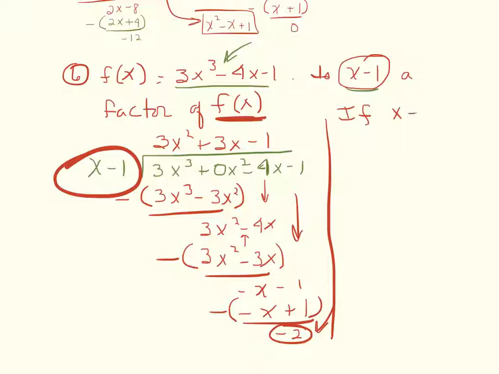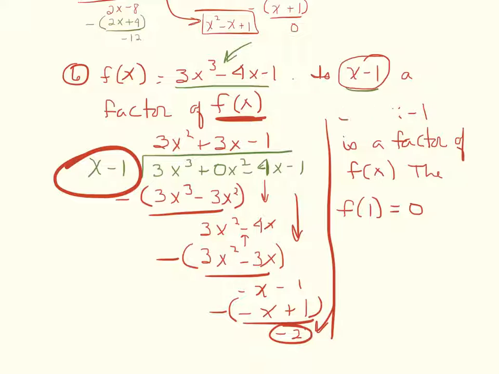If x minus 1 is a factor of f of x, then f of 1 will equal 0. It's not exactly what the remainder theorem says, but that's how the remainder theorem would be applied to it.